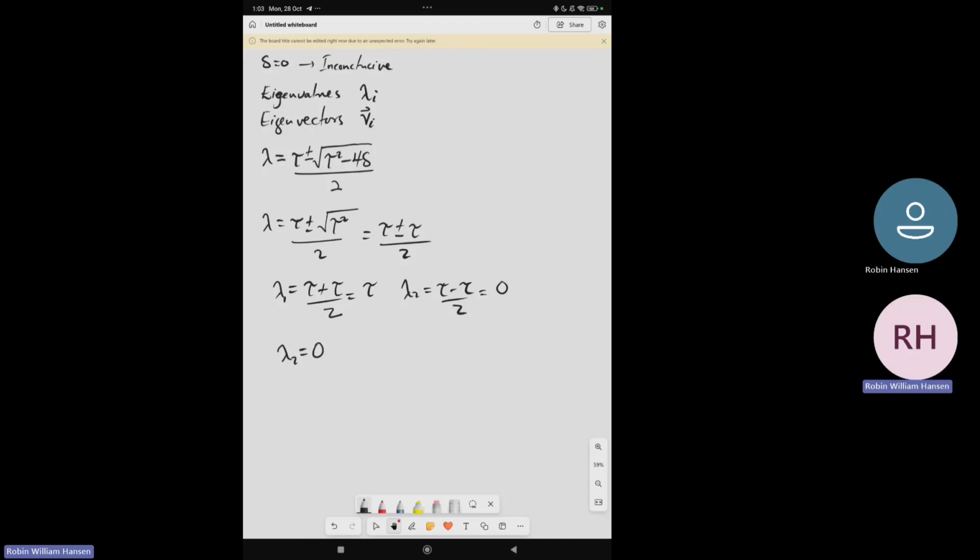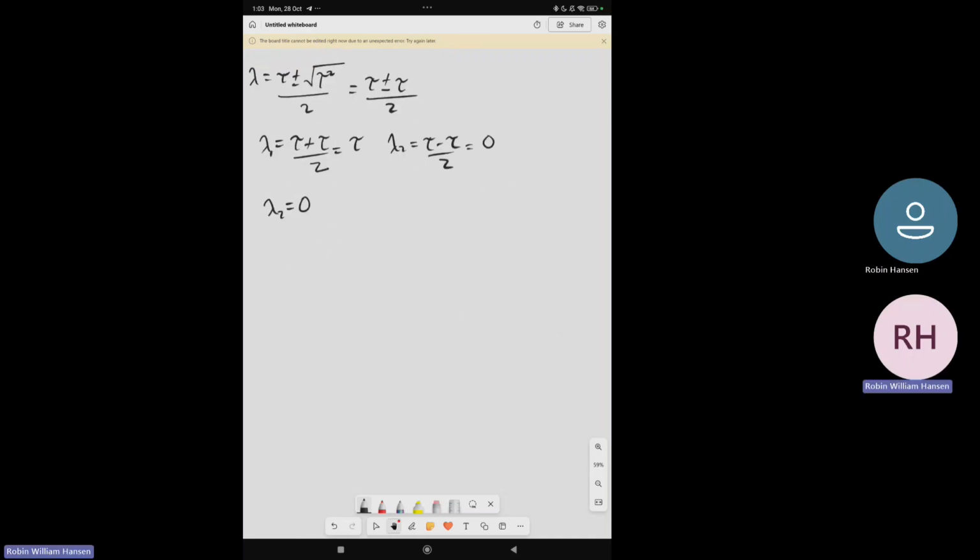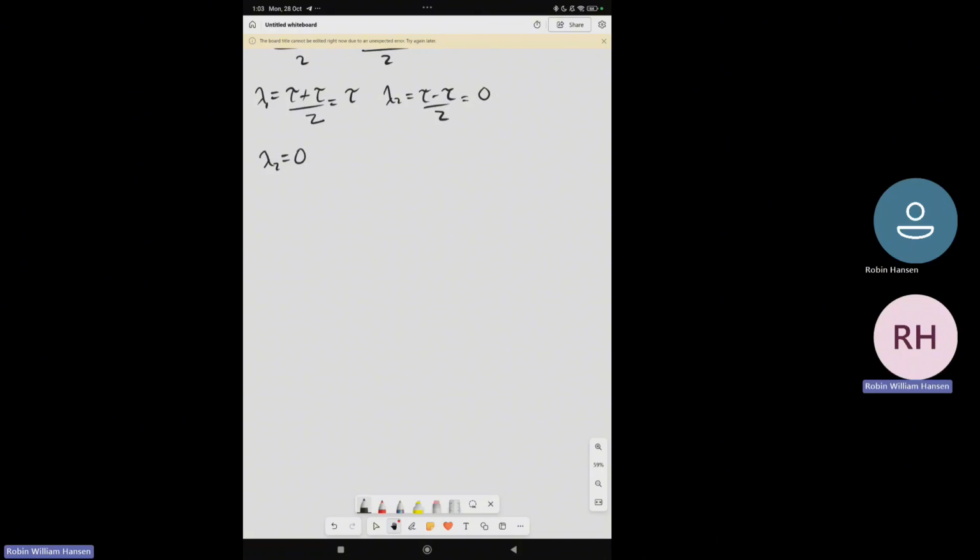So we are going to use this same approach to solve an example. We are going to find the eigenvalues and the eigenvectors. So let's take an example. Let's say we have our system x dot equal to 3x plus y, and y dot equal to x plus 3y.